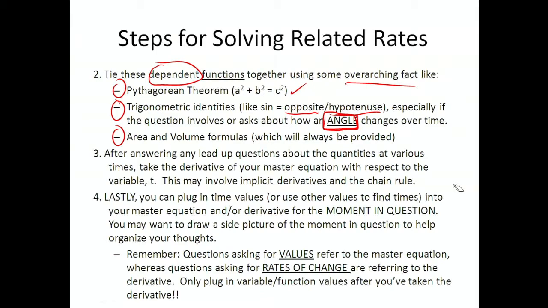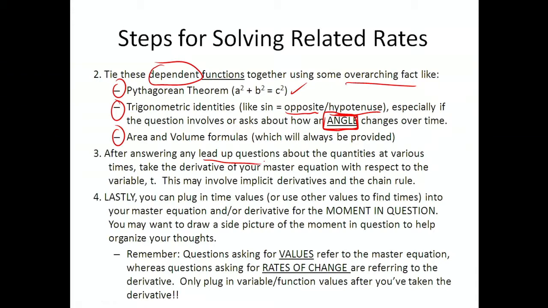So now in some of these problems, I will just ask you one main question, and maybe that's all I'll ask you, in which case you have to do a bunch of steps before you can probably answer the main question. In other cases, I may ask you lead-up questions, like parts A, B, C, D of a problem might be lead-up questions that are leading you towards the answer.